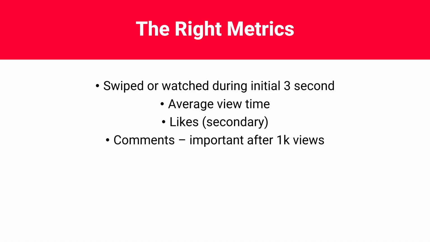Are they watching 75% of the video? Then we have likes, which aren't that important actually in shorts. They are useful as a secondary good signal for the algorithm, but they're not as important as the first two.